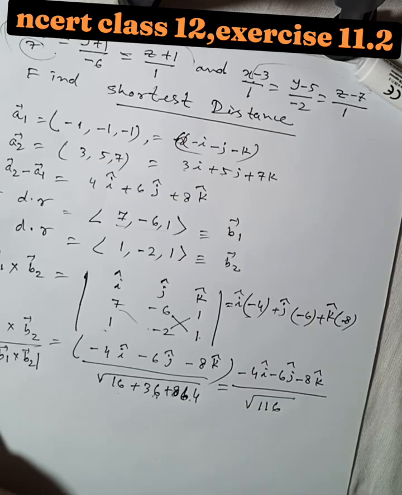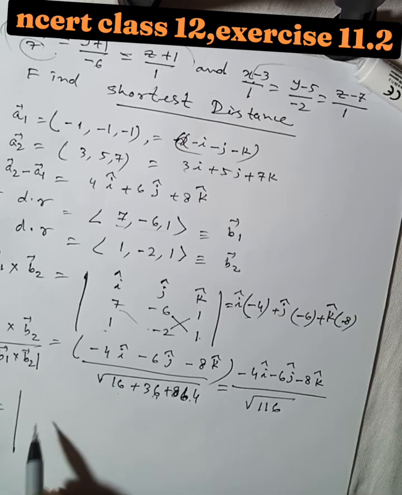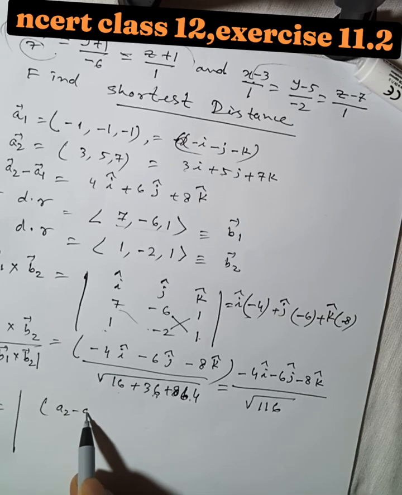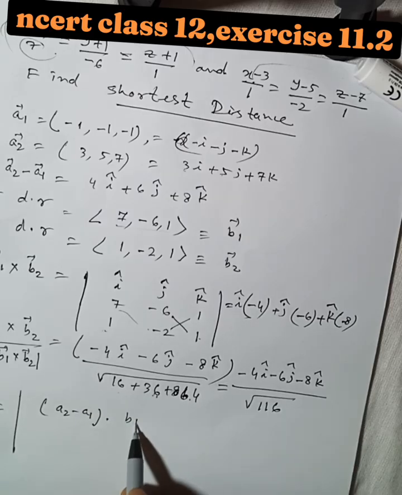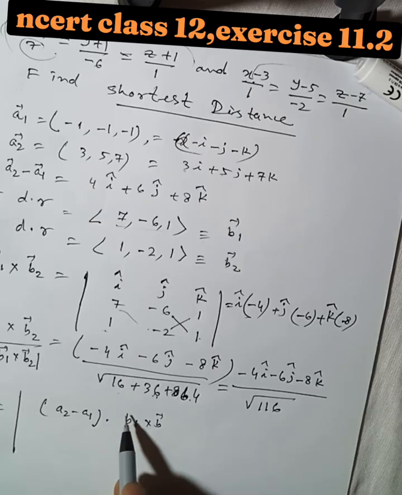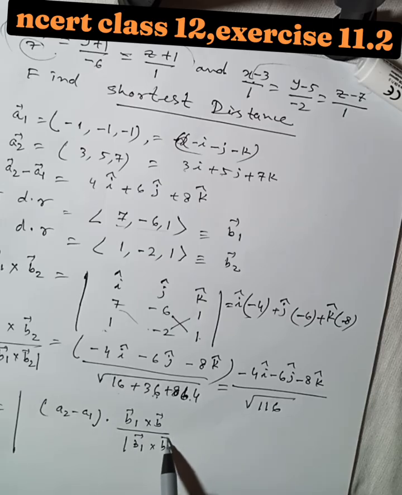Now the shortest distance between two lines, the formula is (a2 minus a1) dot (b1 cross b2) by the modulus of b1 cross b2.